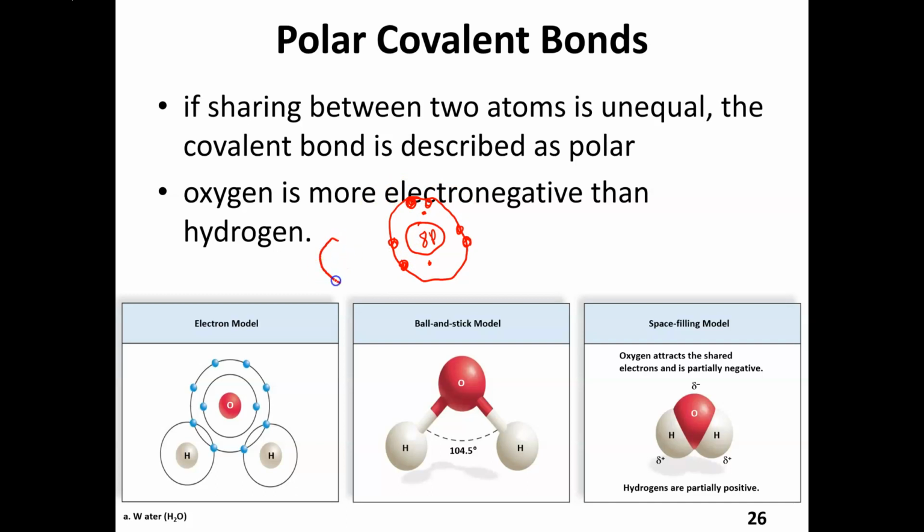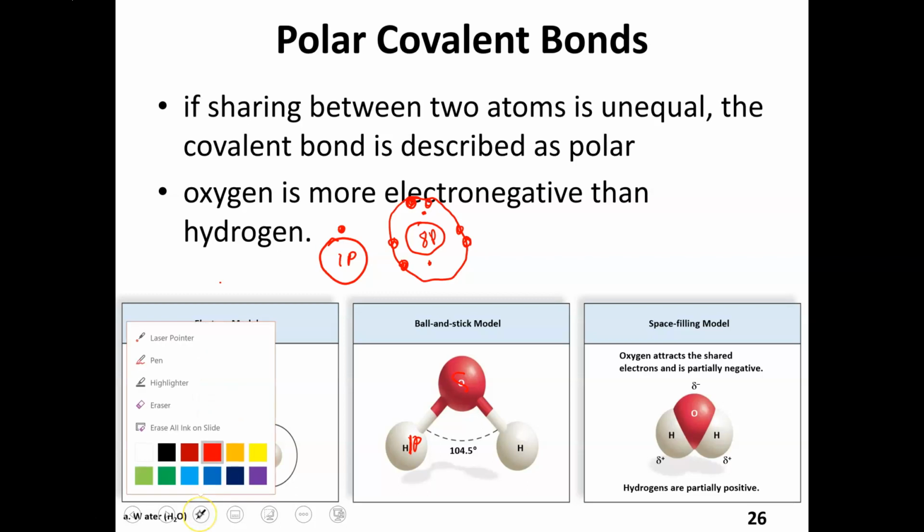Hydrogen has 1 proton and it has 1 electron, right? So hydrogen wants 1 more, oxygen wants 2 more. So if oxygen makes a bond with hydrogen, I'm just going to draw it here, we have 1 proton here, and again 8 protons, and I'm going to change the color, hold on.